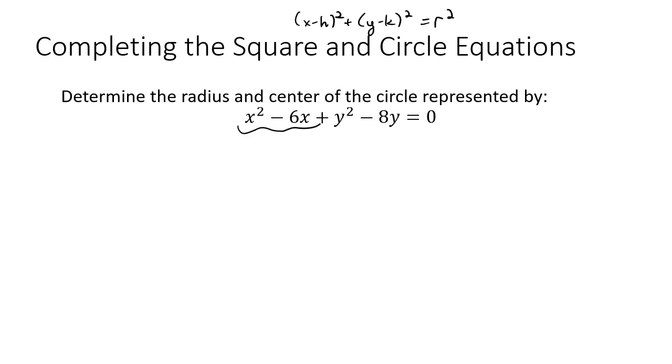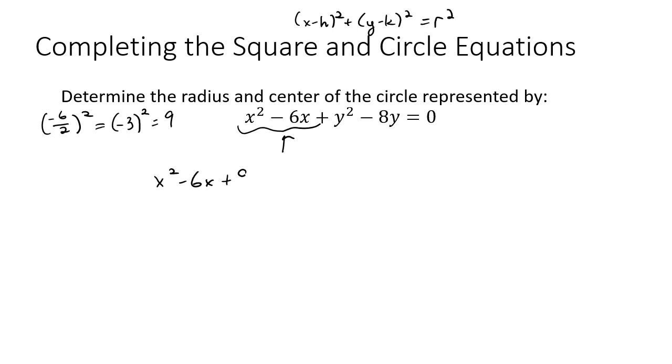So let's start with the x squared minus 6x in this example. And this is going back to being an equation, so we can add the b over 2 quantity squared to the other side. So for the x squared minus 6x, if we do b over 2 squared, that would be a 9.